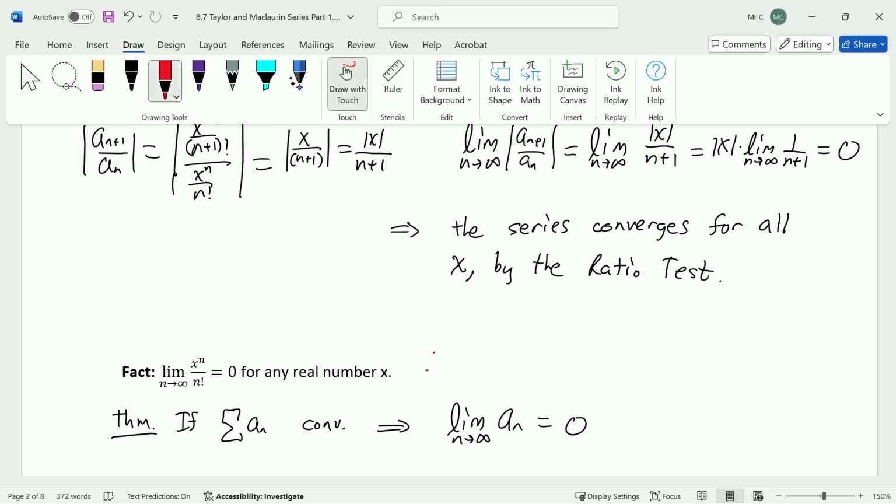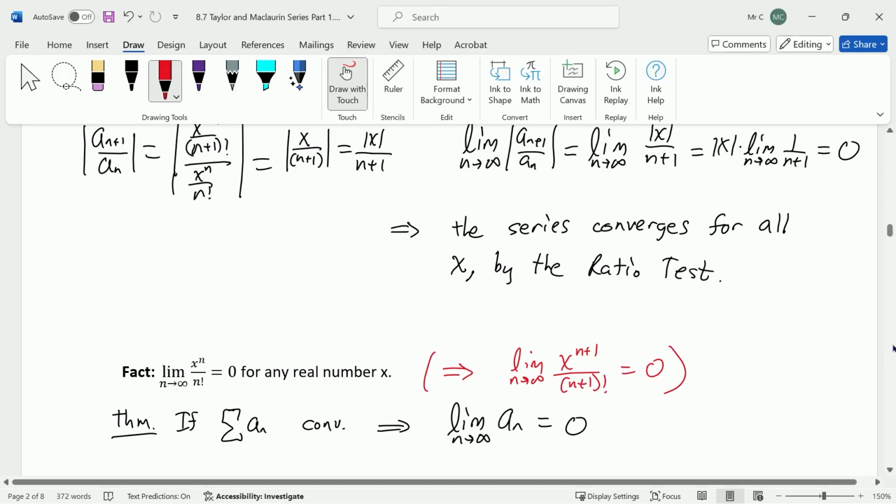And while we're here, I'm just going to address that this also implies that the limit as n goes to infinity of x to the n plus 1 over n plus 1 factorial also goes to 0. Starting at one higher number doesn't change where the numbers approach. It just starts you at a higher point in the list of terms. So we still get the same limit, and that's going to come up later on in this one.